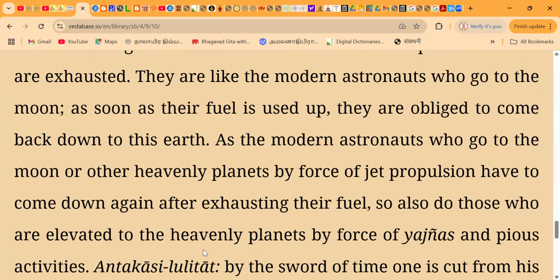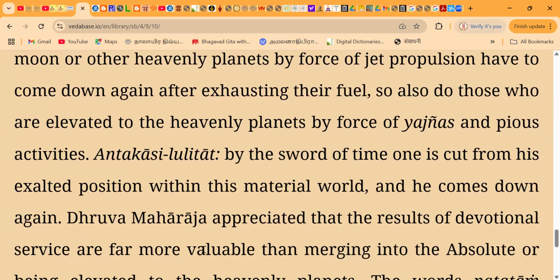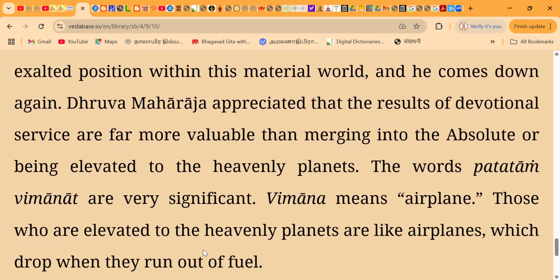Similarly, when the pious credits get exhausted, one has to come back from the Swargaloka. So therefore, Kim Tvantakasi Lulitat. Antakasi Lulitat means by the sword of time, one is cut from his exalted position within this material world, and he comes down again.